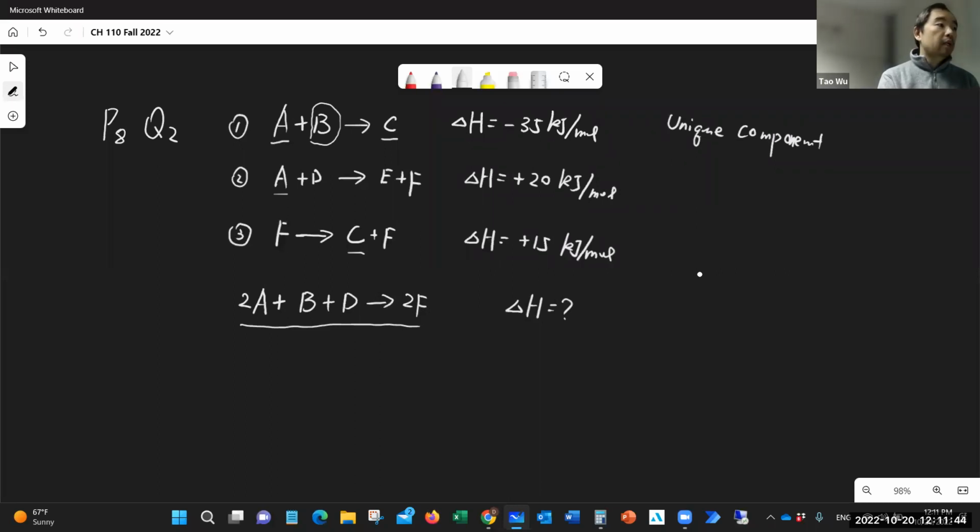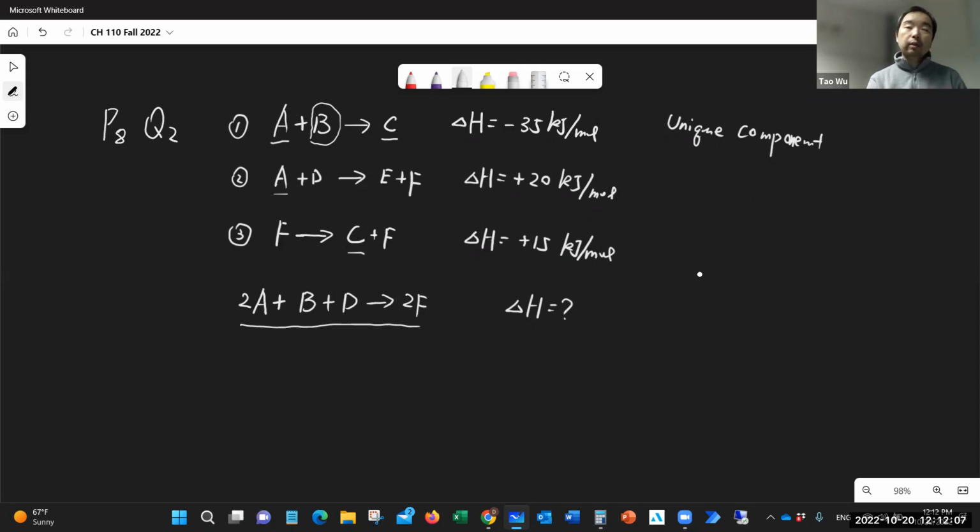So that's why you look at B, and based on B you modify the equation to match the final equation. Eventually our purpose is to modify each equation and then add them up to make the final equation.